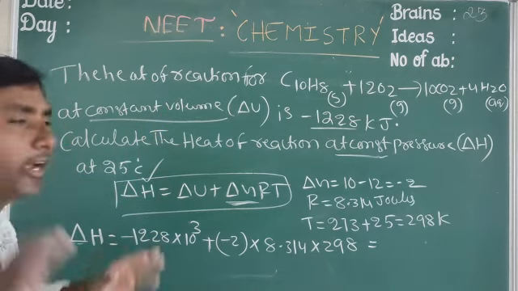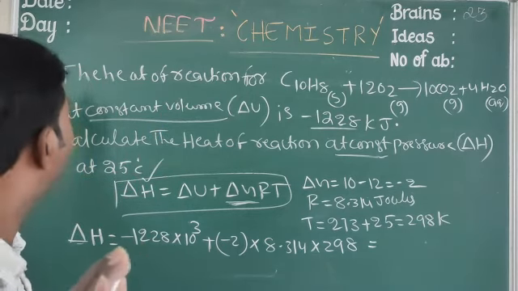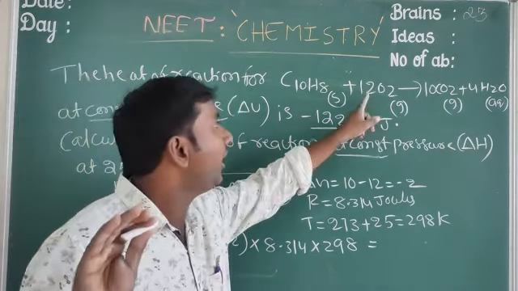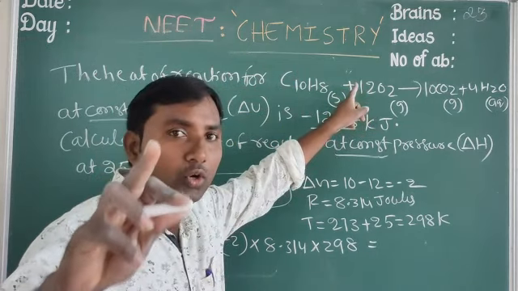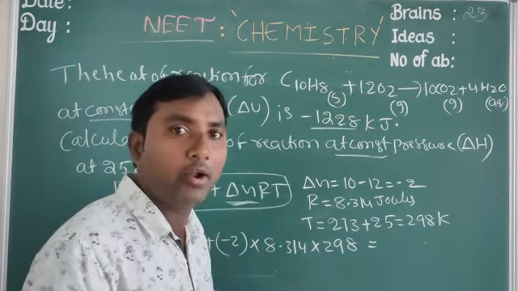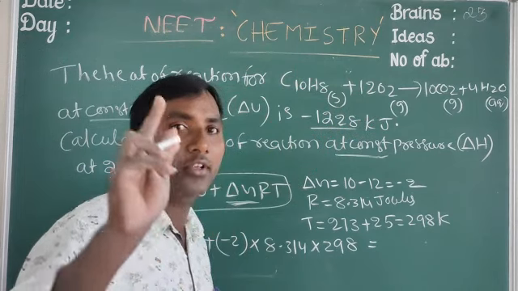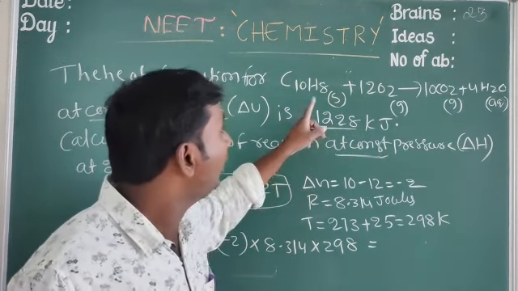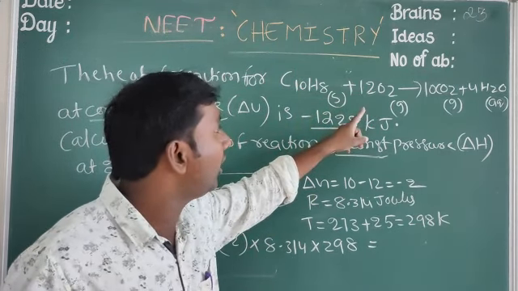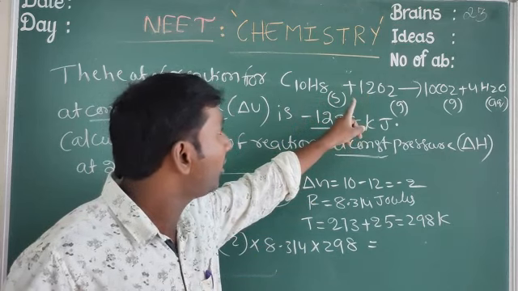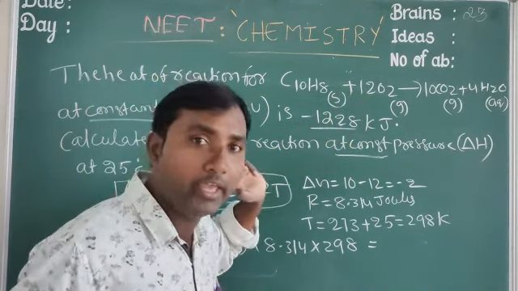So you should understand in this problem, whenever you have to find del n value, solids and liquids are ignored. Only find the number of moles of gaseous products minus gaseous reactants.